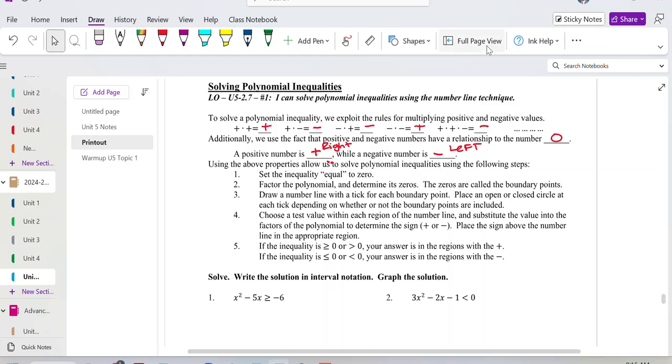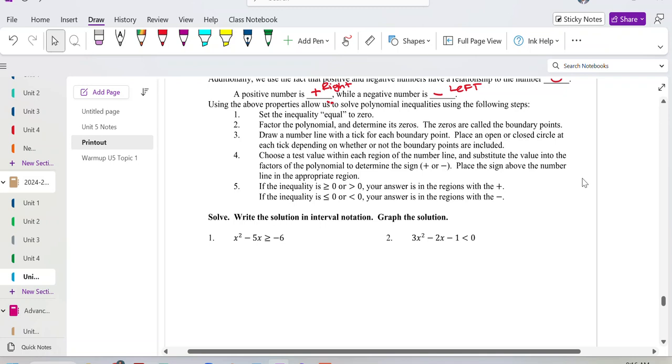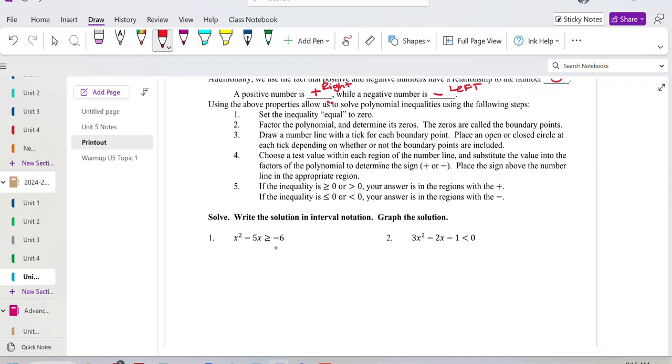So first off, it says set the inequality equal to 0. In order to do that, we have to move the 6 over, and then we'll set this equal to 0.